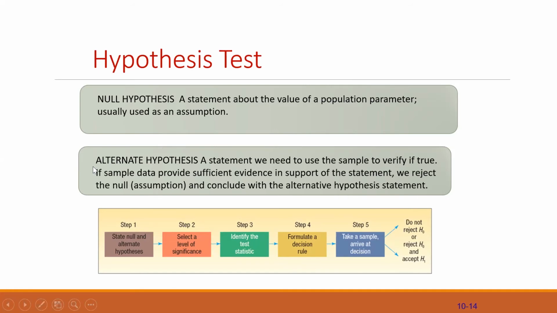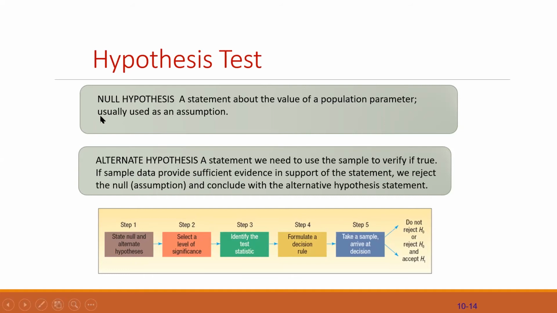If we find enough evidence in support of the alternative hypothesis, we say the alternative is supported, and we have enough evidence to conclude that the alternative is true. Otherwise, if we can't find enough evidence in support of the alternative, we will go back and say the null hypothesis is true. Okay?